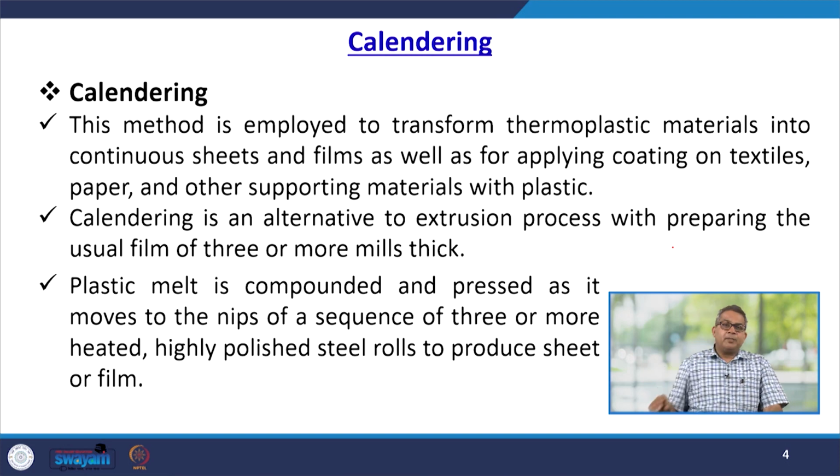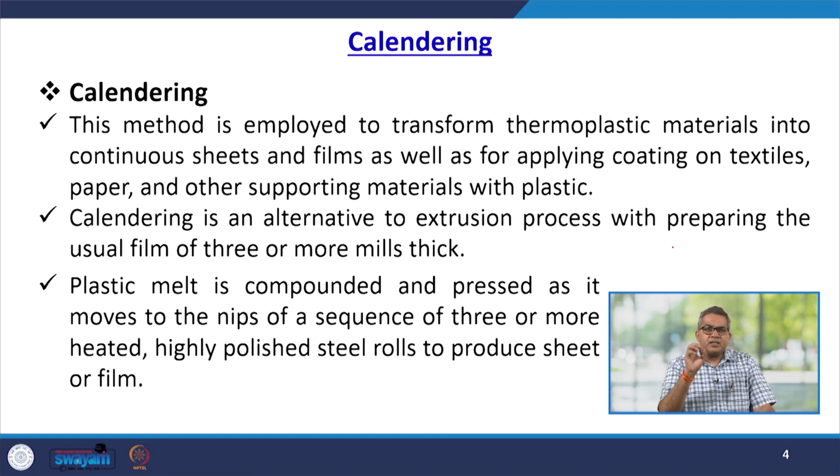Now, this particular method is employed to transform thermoplastic material into continuous sheets and films, as well as in applying coatings on textile, paper and other supporting material with plastics. So, it is a very common phenomenon. You can see around you there are many products which are prepared from the calendering operation.